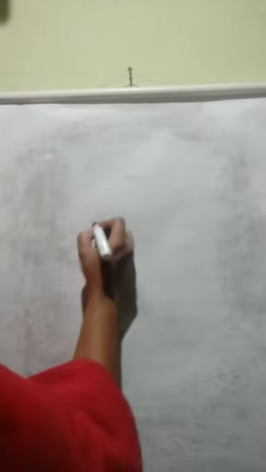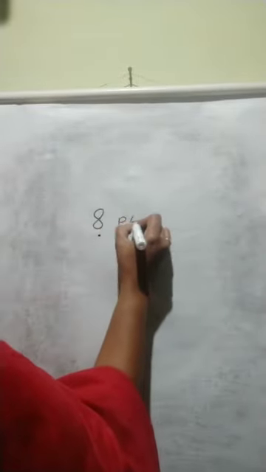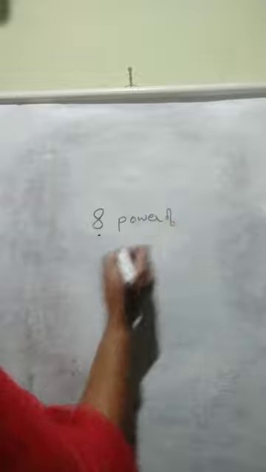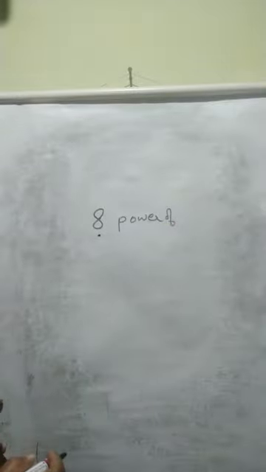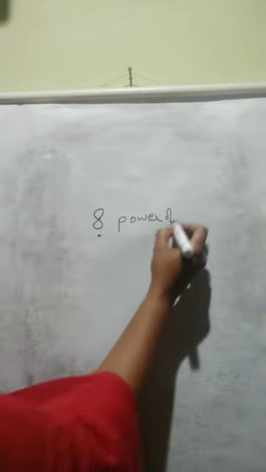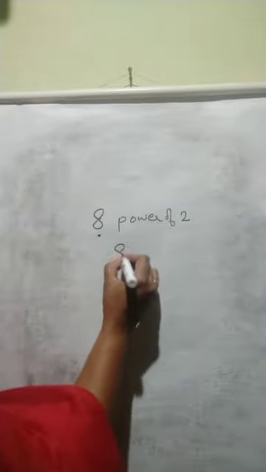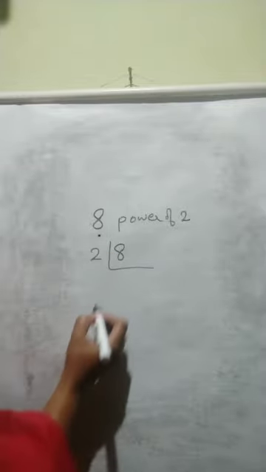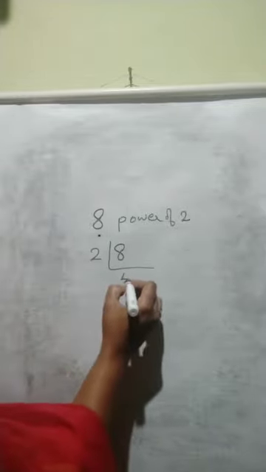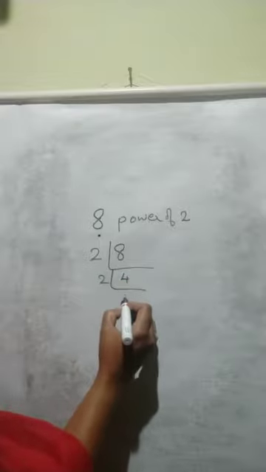Now we can write 8 as a power of 2. So how can we write? Here 8 we have to divide by 2. Then 4 is there. Again by 2, then 2 will be there.